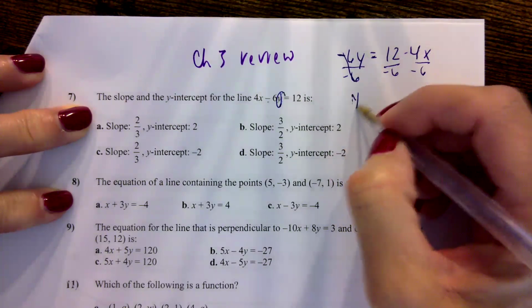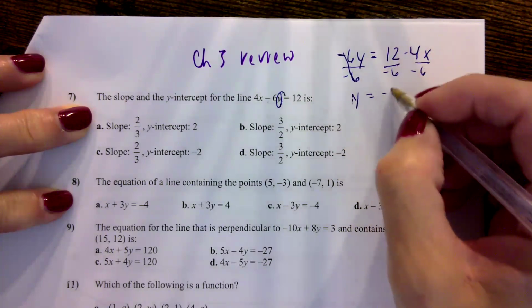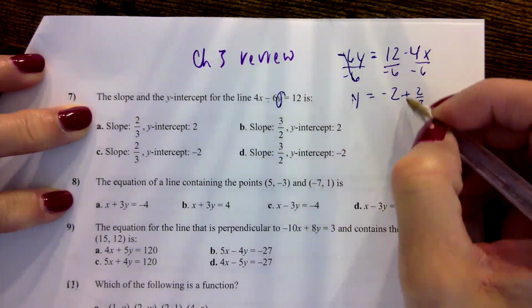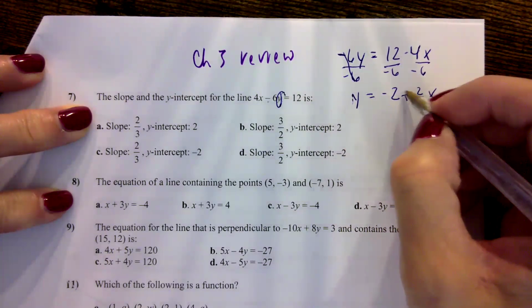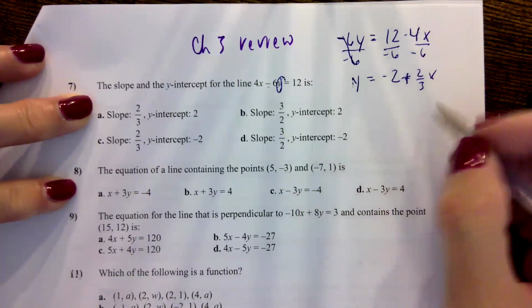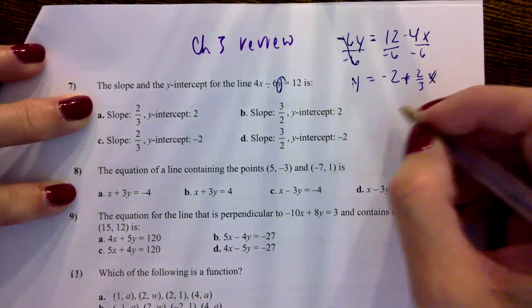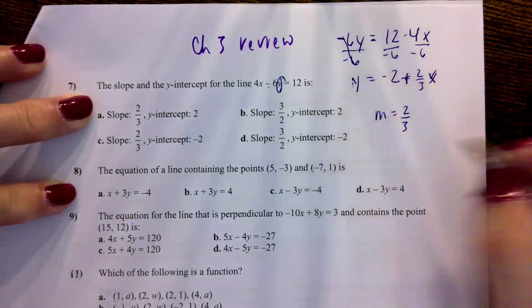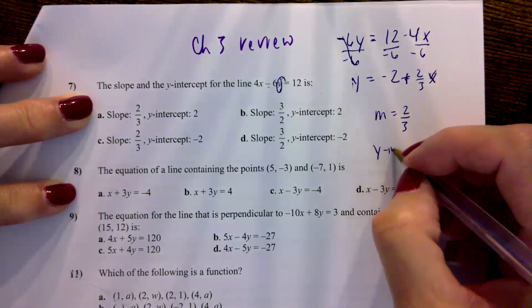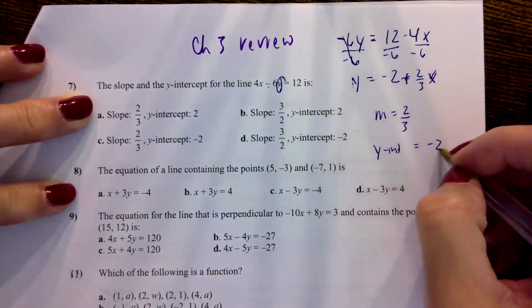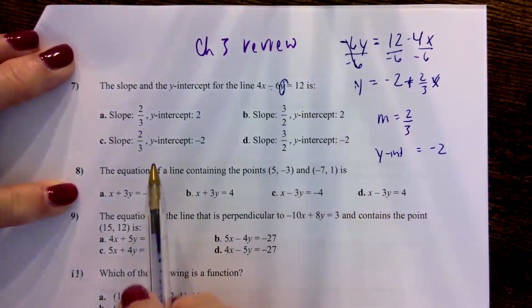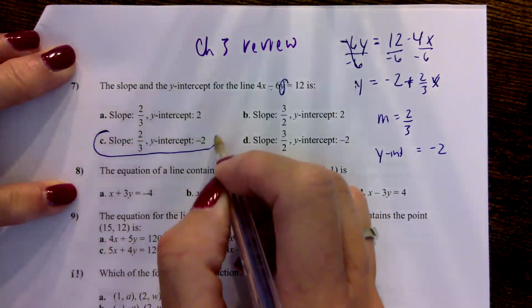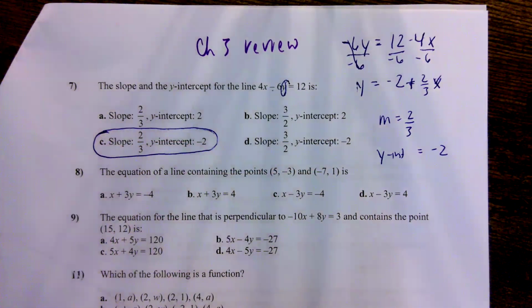So we get y equals -2 plus 2/3 x. So my slope is 2/3 and my y-intercept is equal to -2. So it looks like that would be letter C. 2/3 and -2.